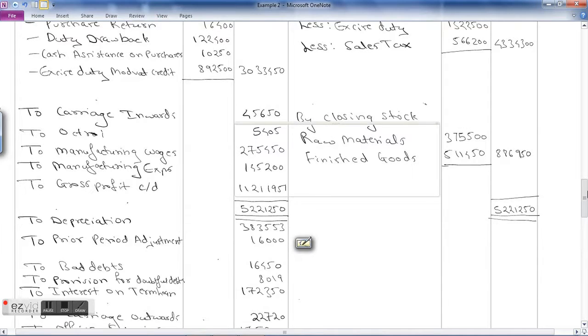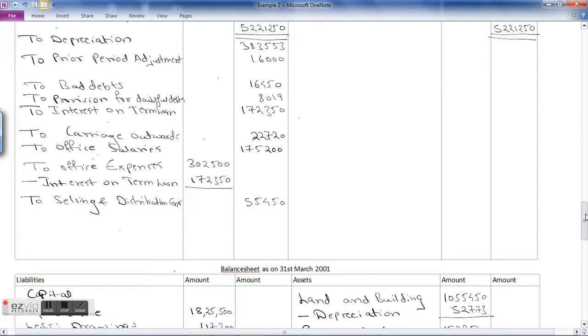Then in your profit and loss account, credit side, by gross profit carried down 11,21,195.